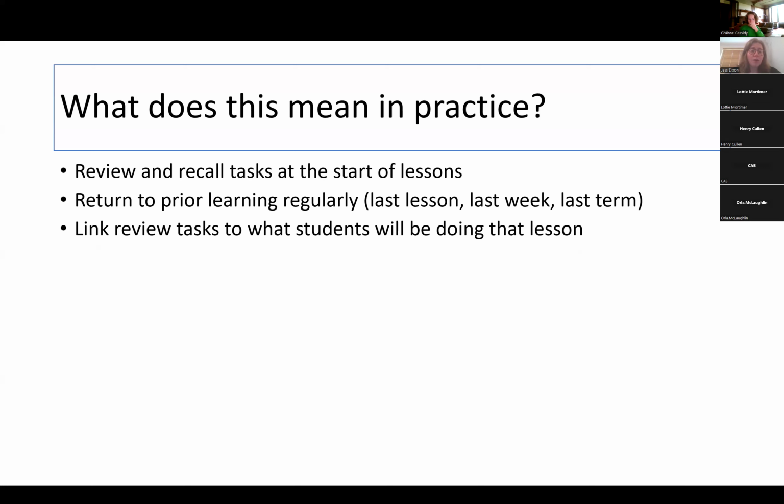For example, if I'm doing a story, as Lottie was talking about, and I know we're going to be doing a story in a lesson, my recall task at the beginning might be going through some vocabulary that I've taken from that story, so that when they come to do the story, they're more familiar with the vocab. It reduces the cognitive load, and they're more easily able to go through it promptly.